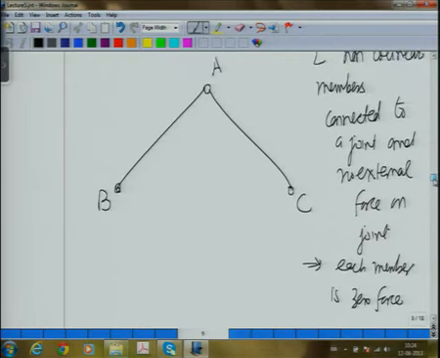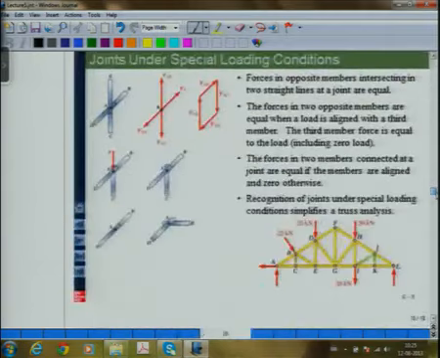But notice this will work only if there are two members. If there are three, this will not work. Okay. So these are some cases where, just by looking at these things, we can say if the forces are zero force or not. And these are what have been explained here by realistic choices.